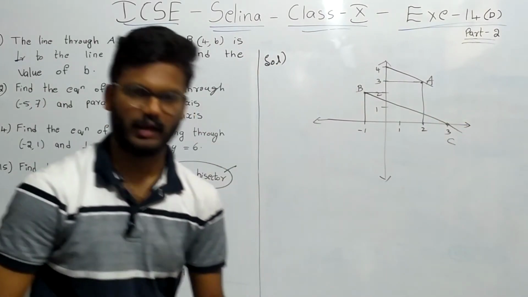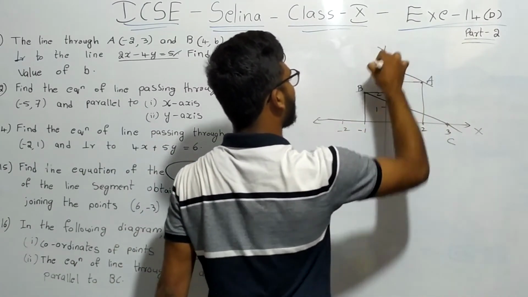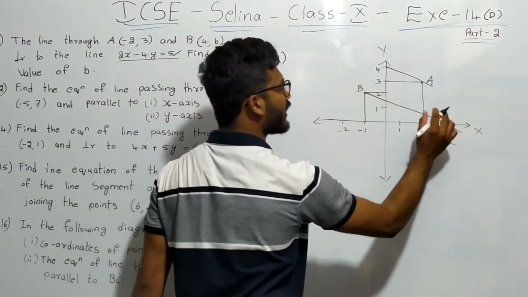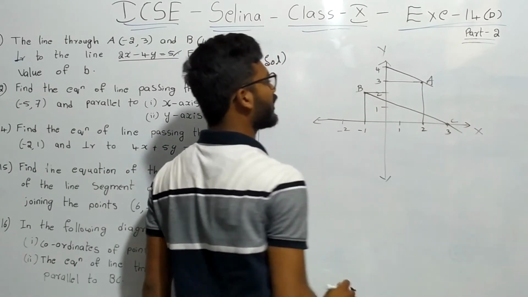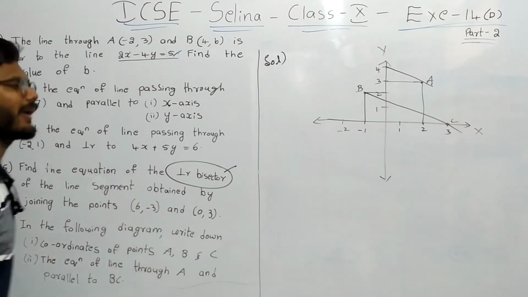Now, this is the given diagram. First, what they are asking is to find the coordinates of points A, B and C.